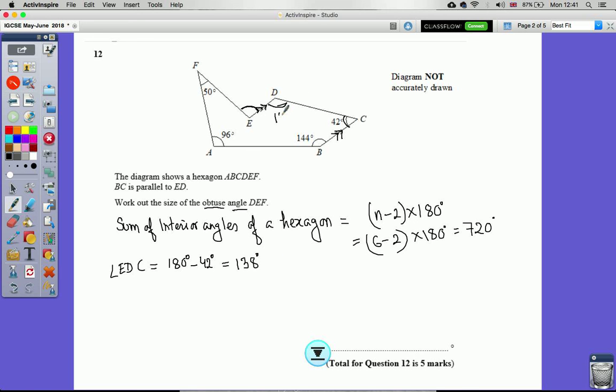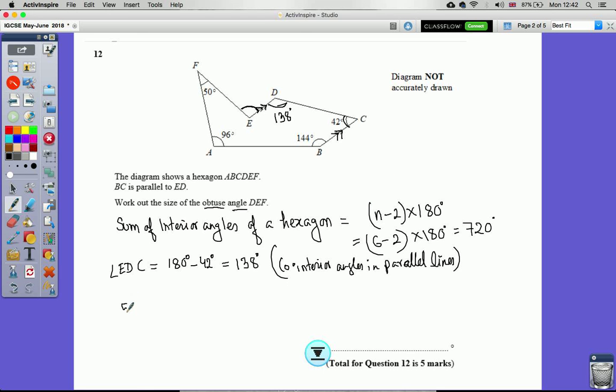That angle is 138 degrees because they are co-interior angles in parallel lines.